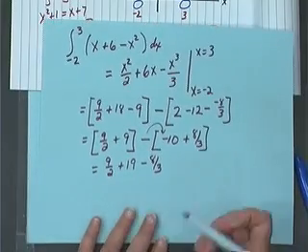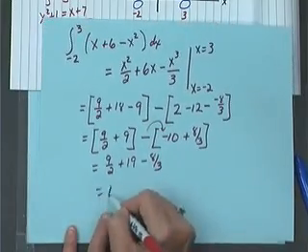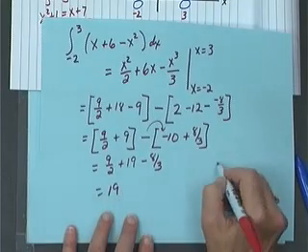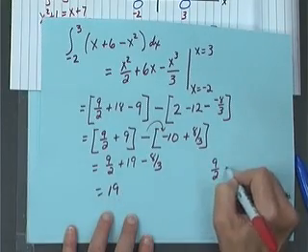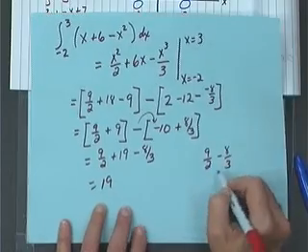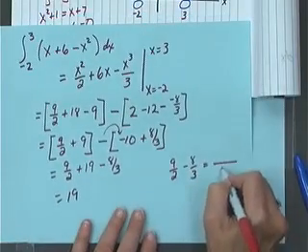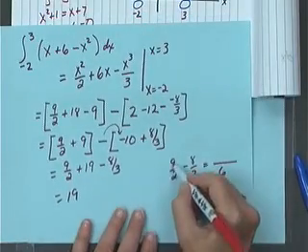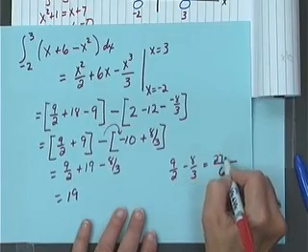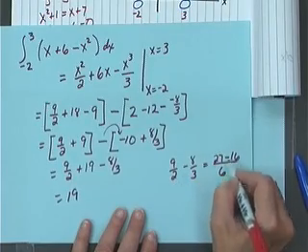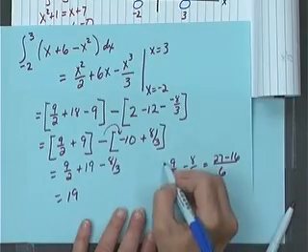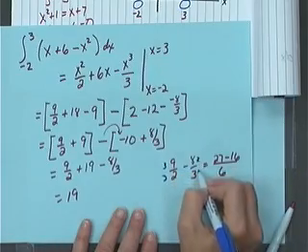All righty. So then you can decide what you want to do here. Probably get a common denominator. 9/2 minus 8/3. Common denominator is just 6, right? So that would be 27 minus 16. Multiply this by 3 over 3, and this one by 2 over 2.